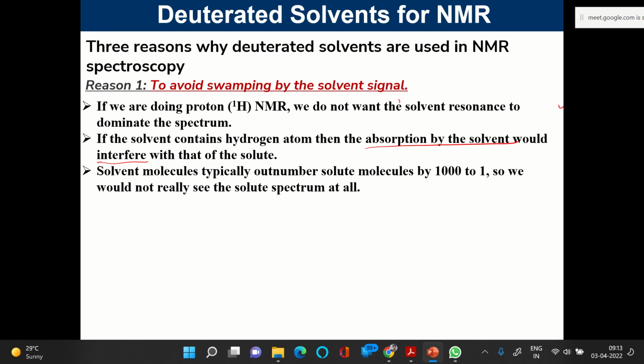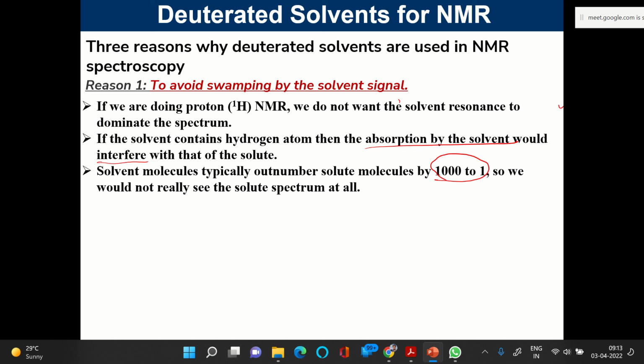Normally, in the solutions that we take, the solvent molecules are 1,000 times more than the solute. So if the solvent contains magnetically active 1H nuclei, outnumbering the solute by 1,000 times, you will get that huge signal.